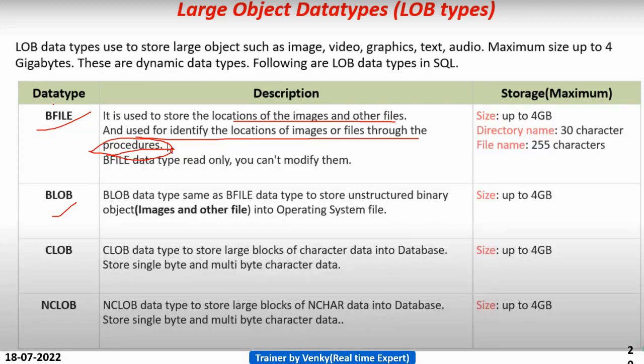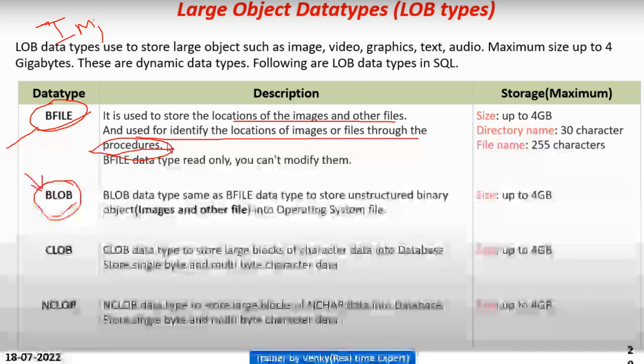How will we implement it? To locate where the image is stored, and to identify that location, we use the BFILE. To store the actual image, video, graphics, or audio files, we use the BLOB. So now you need to store the image and signature both.